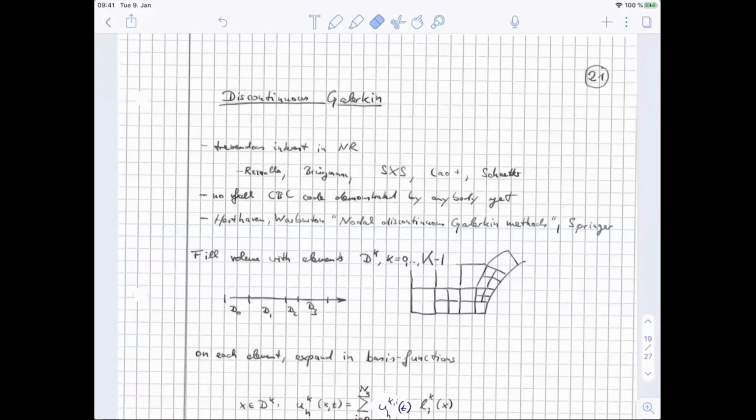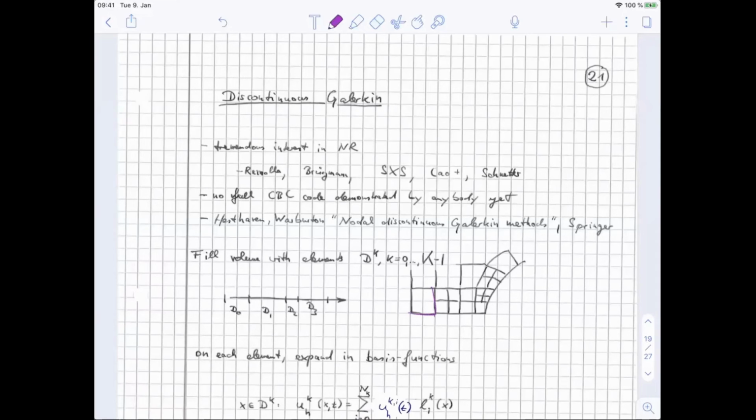And so in my last 20 minutes, I will try to give you a brief flavor of why discontinuous Galerkin is so highly regarded these days. So the idea of discontinuous Galerkin is to fill the volume with elements.